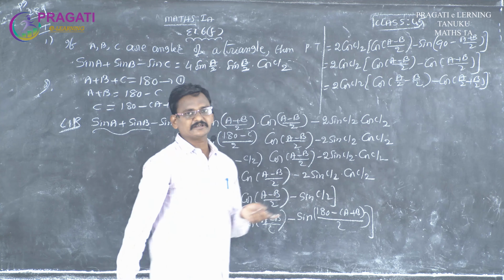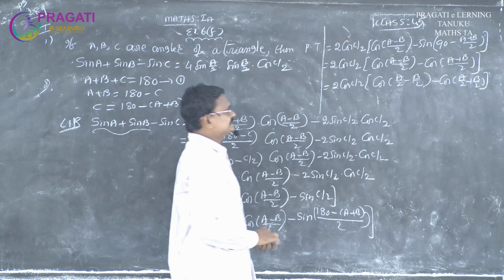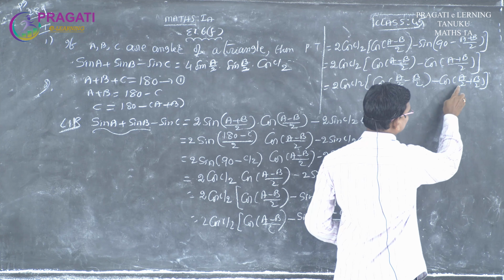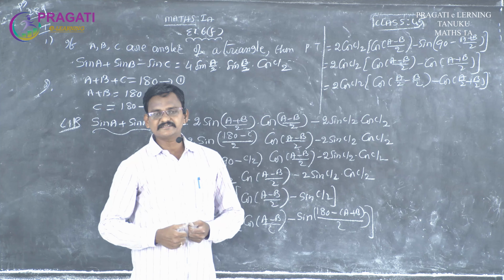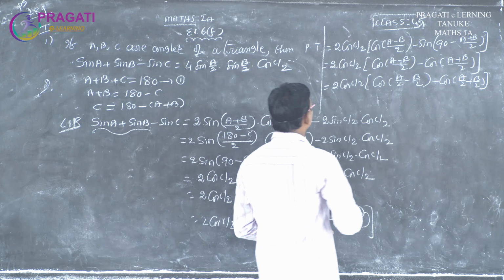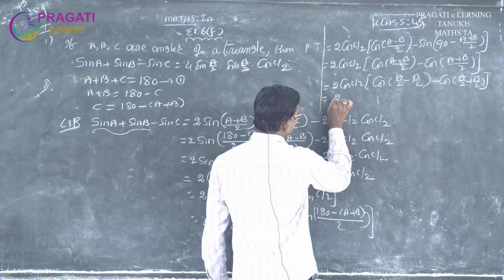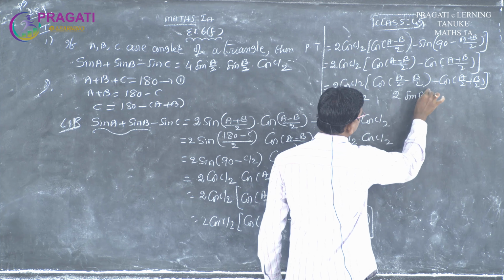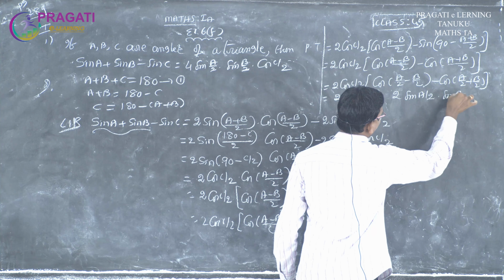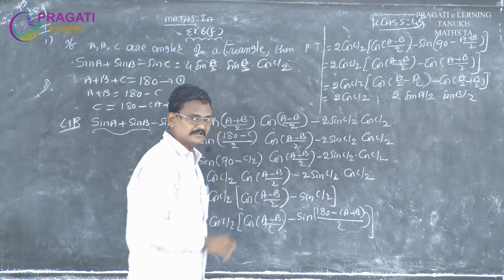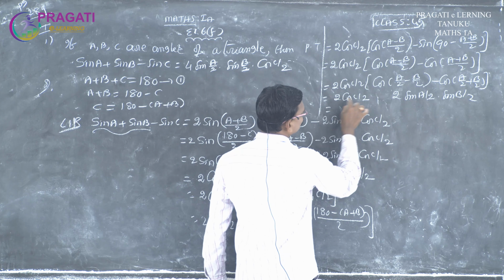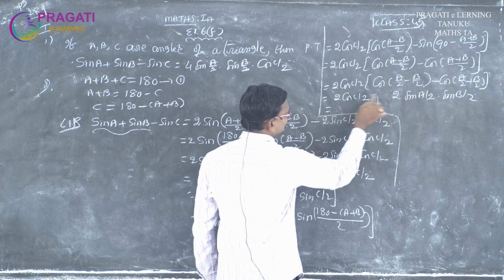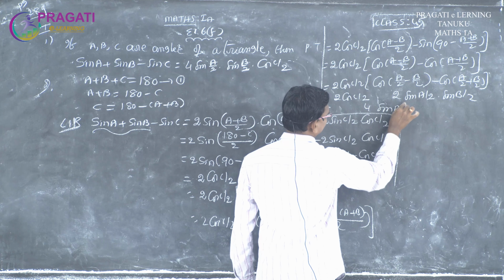Now in transformations, one of the formulas is cos(A−B) minus cos(A+B), which equals 2 sin A sin B. So 2 cos C/2 into the formula 2 sin A/2 sin B/2. Just write in order. That means 2 into 2, 4. 2 into 2, 4. Write in order: sin A/2.